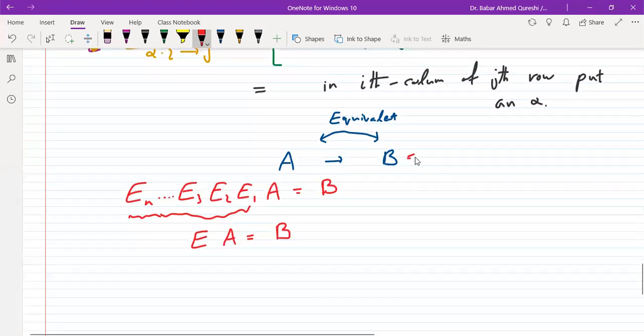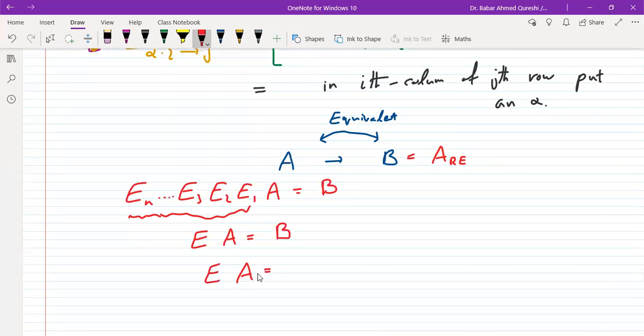So if B, for example, is a reduced echelon form, I'm trying to go from A to a reduced echelon form of A. Well, to avoid confusion, let me give it a name: A reduced echelon. So it's telling me that I should be able to do it.